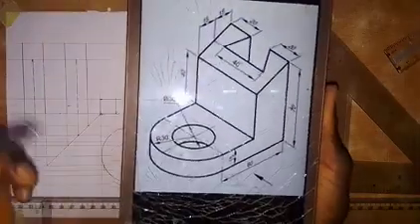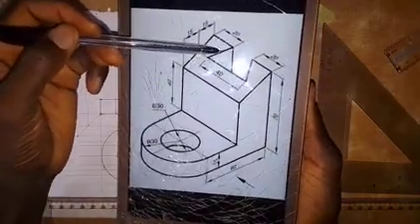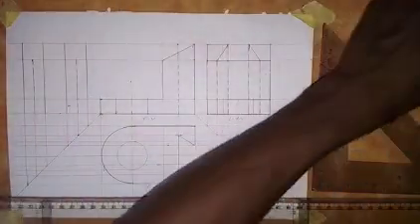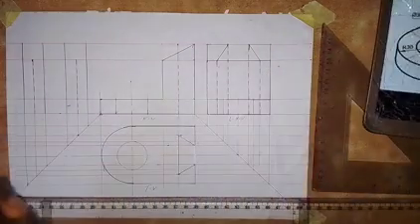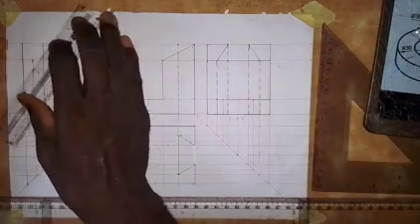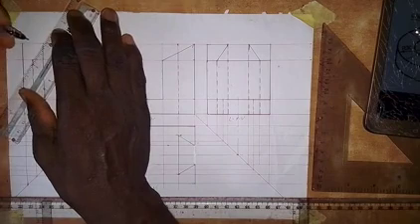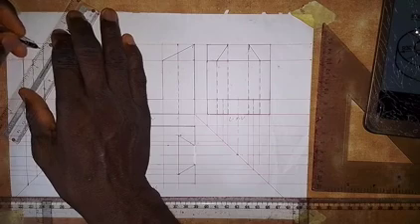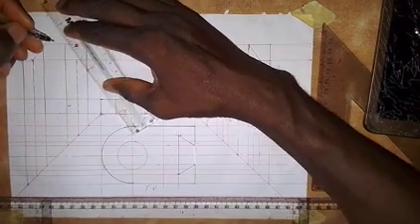Also, the line at this point will be hidden from us. So we make this line a short dashed line. And here also we do the same thing.